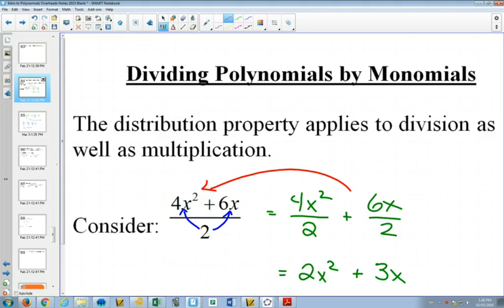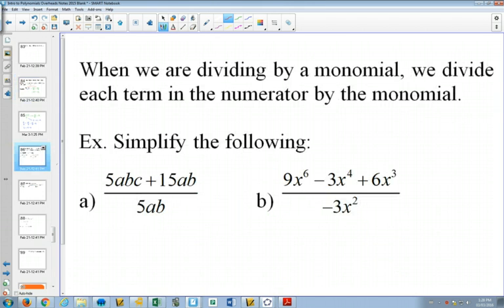But sometimes when we're dividing a polynomial by a monomial, we go backwards. We say, if I'm dividing by 2, it means each of these terms is dividing by 2, and maybe I can simplify each one separately. So all we're doing is dividing each term in that numerator by what we have in the denominator.